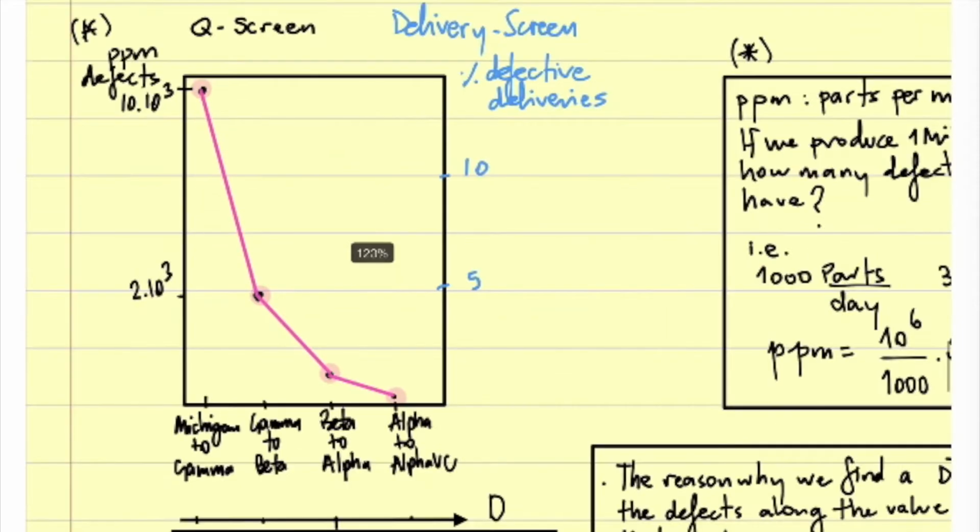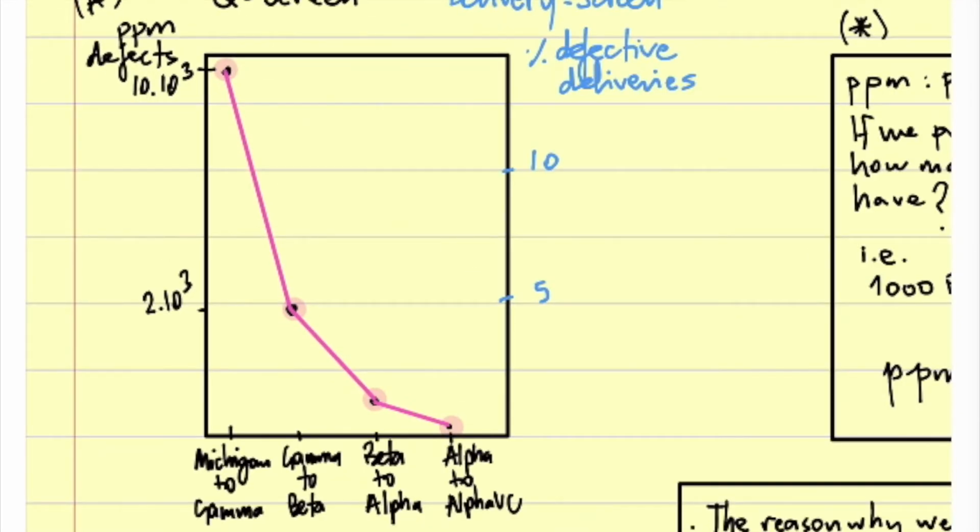Okay. And as is stated there, we have here something around 8. We have here something around 6. We have here something around 2 and 1.